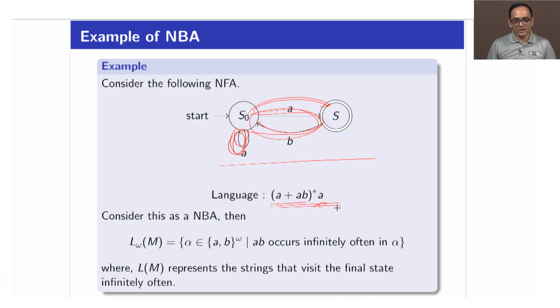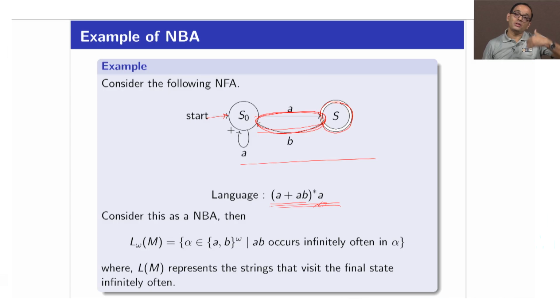Now, what kind of infinite words can this automaton accept, right. We said that the word should be of infinite length and you have to visit this final state infinitely often. So, if you think about that, you are starting from this state, and to come to this infinitely often, you have to take this loop infinitely often, right.